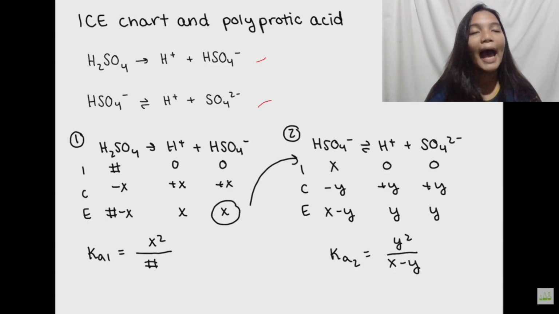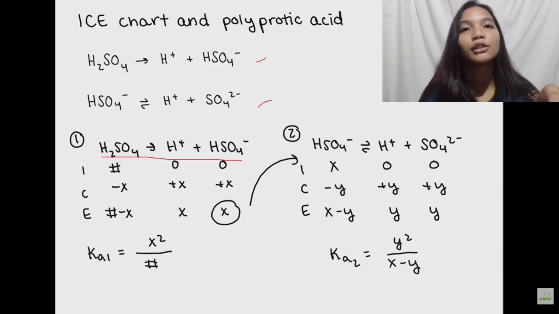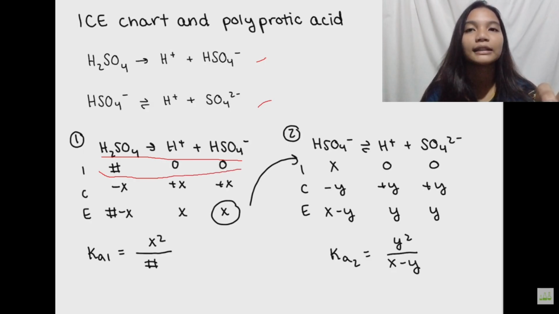For the I, or the initial moles, first we will use a variable, the number sign. Then the products will be 0 and 0. For the C, or the change, for the reactant it will be negative X. Then for the products, they're both positive X. And then we will combine it in the E.